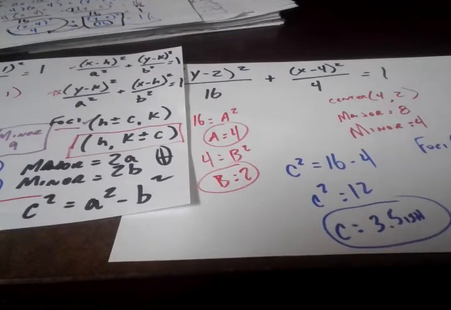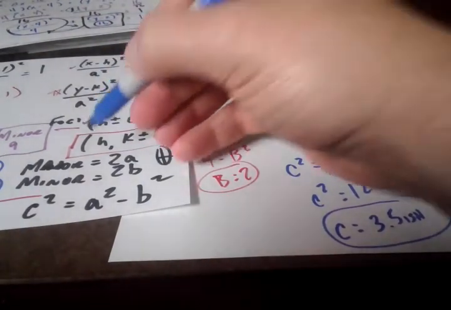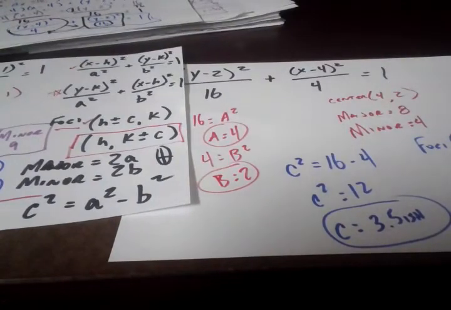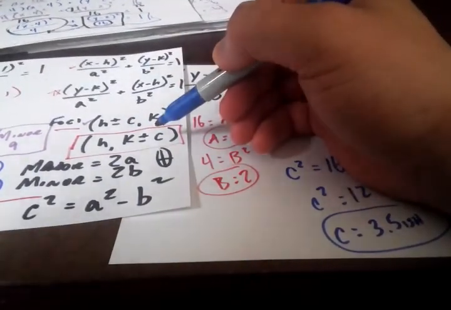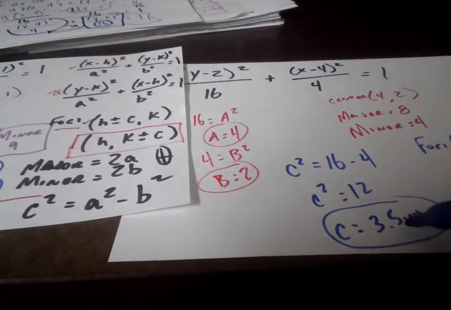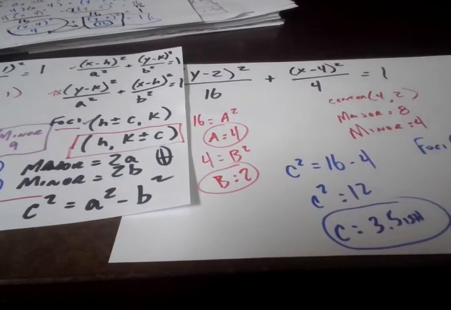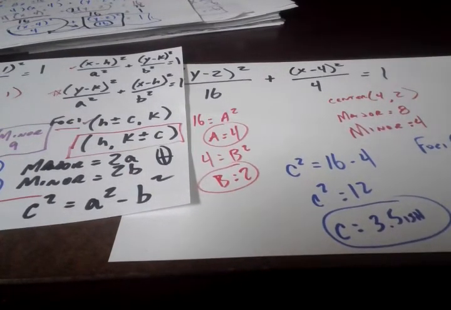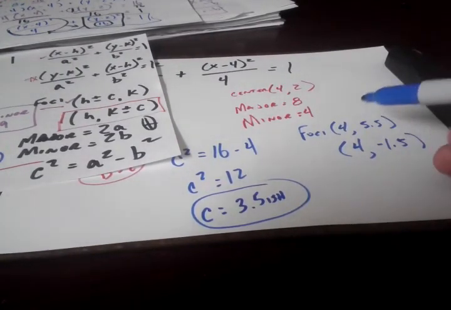And then the second point will be h, which is still 4, comma, now it's going to be k minus c. So that's going to be 2 minus 3.5, which is about negative 1.5. Yes, I think that's about it. Oh, I can't see those answers either. So there's our foci points.